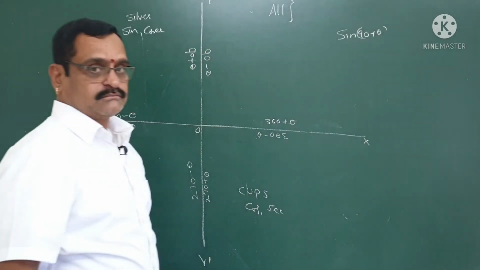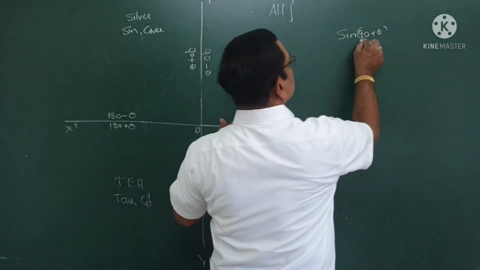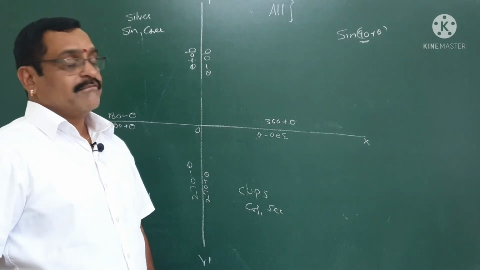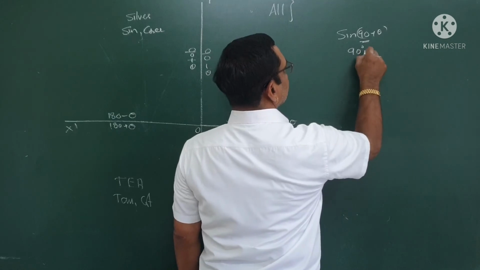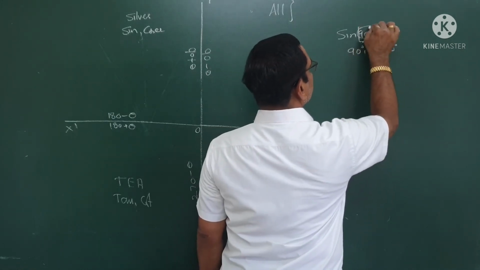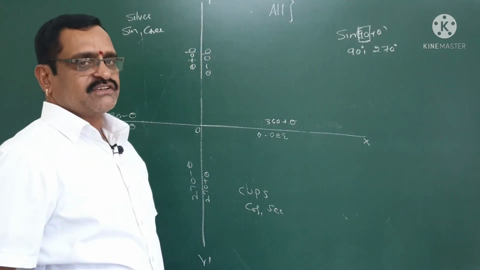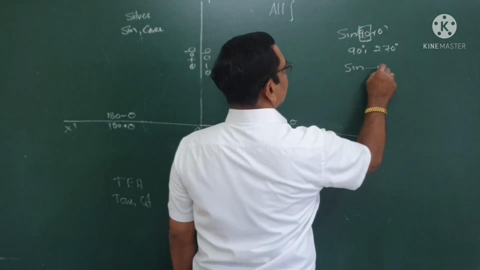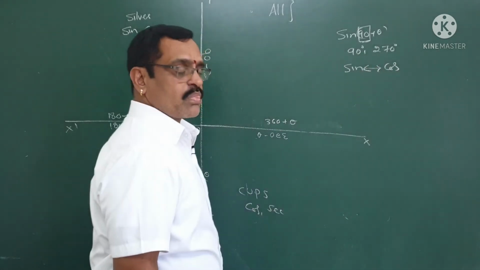First of all, I observe the angle 90. Whenever you have 90 degrees or 270 degrees in this position, my sine will convert into cos. My cos will convert into sine.